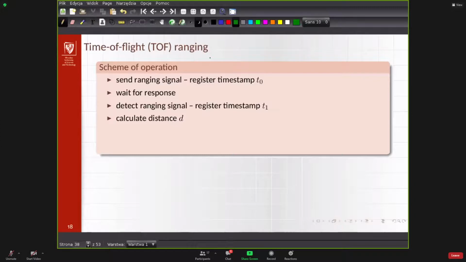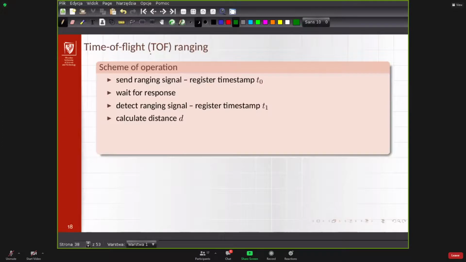Measuring a distance based on sending some energy, so sending some signal, then waiting for the signal to return back.